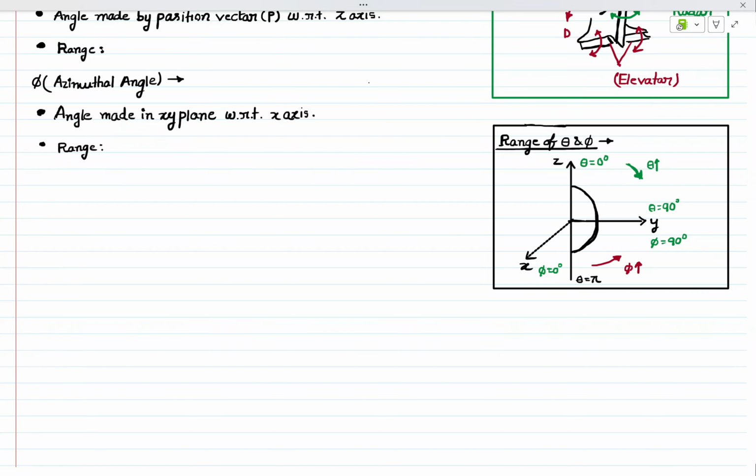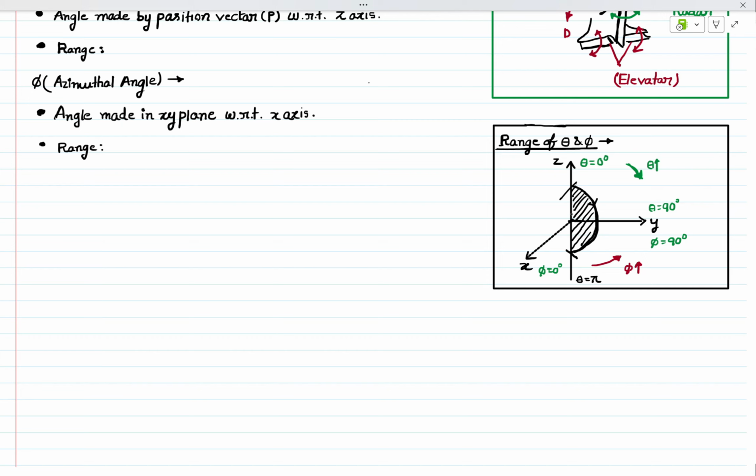Now I am varying theta from 0 to pi by fixing phi at any particular angle. Say phi is fixed at 90 degrees. Now at 90 degrees, theta is varying from this 0 to this pi, then it will form a semicircle.